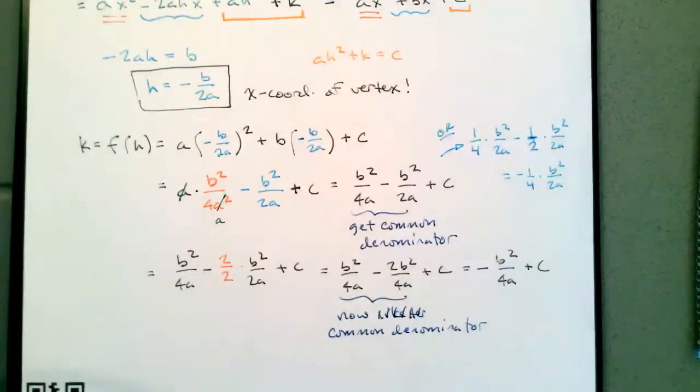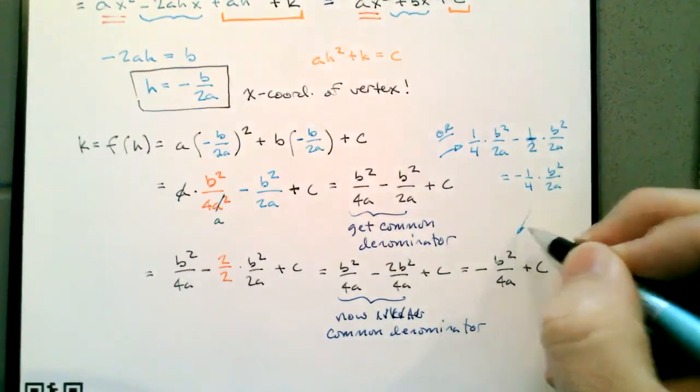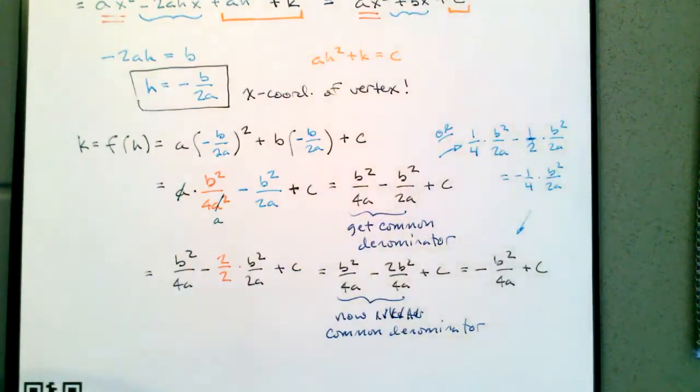If you have 25 cents and someone takes away 50 cents, you have negative 25 cents. A quarter minus a half is negative 1/4. So that's another way to arrive at this minus b squared over 4a plus c.